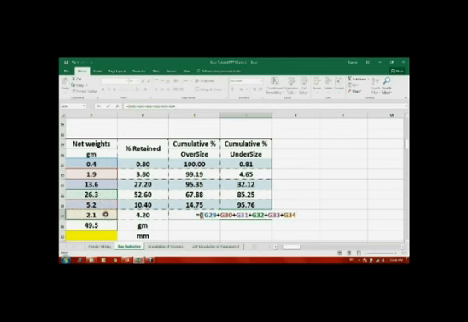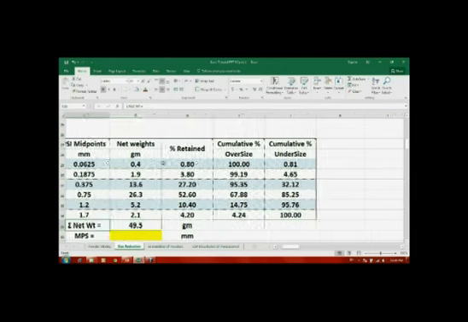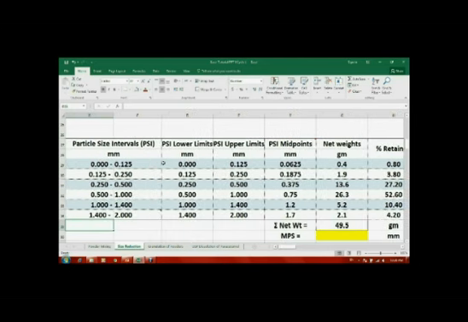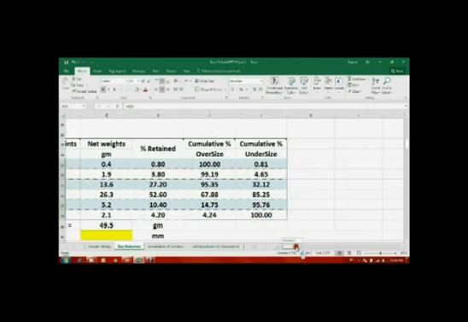Now, plot cumulative percentages oversize versus particle size interval lower limits. Use scatter charts with markers and smooth lines.